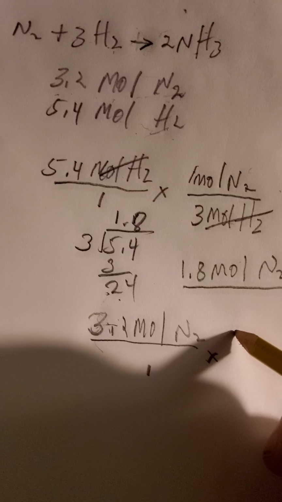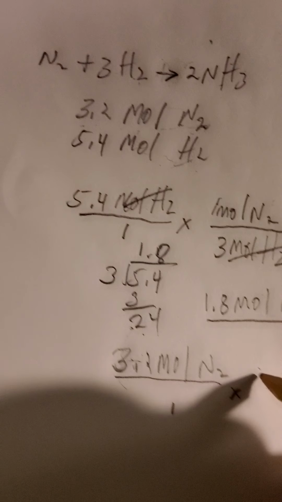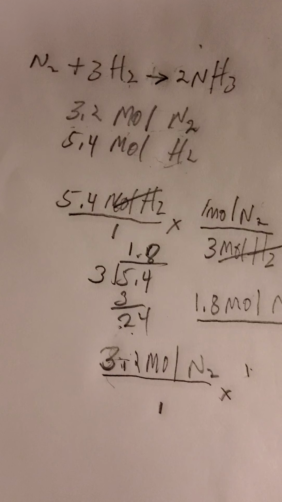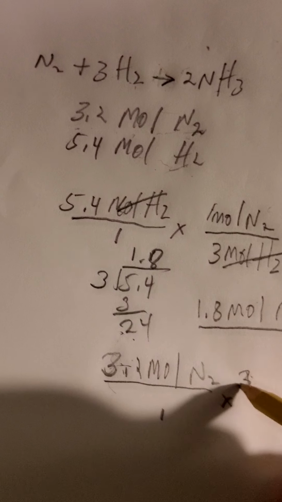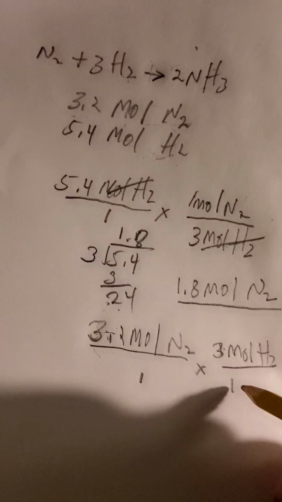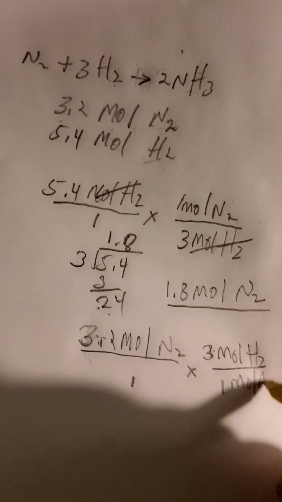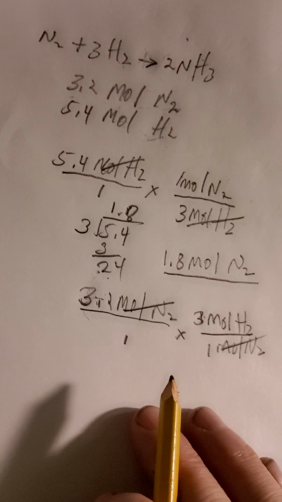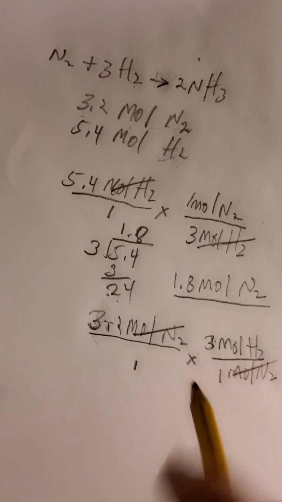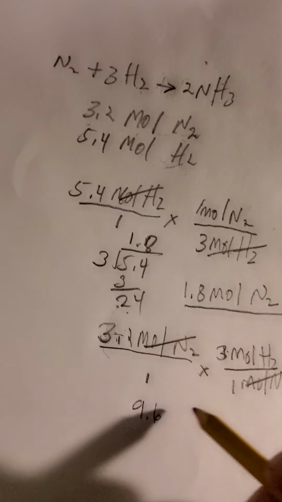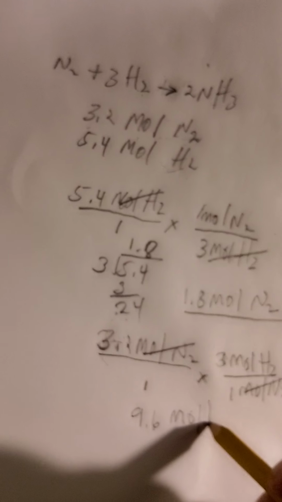So 3 moles of this hydrogen has to react with 1 mole of the nitrogen for the nitrogen to cancel out. So you got hydrogen left over. So basically you're going to have 9.6 moles of H2 required.